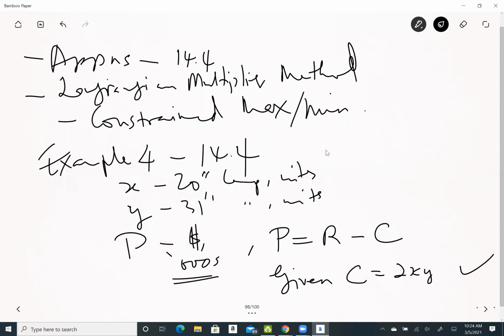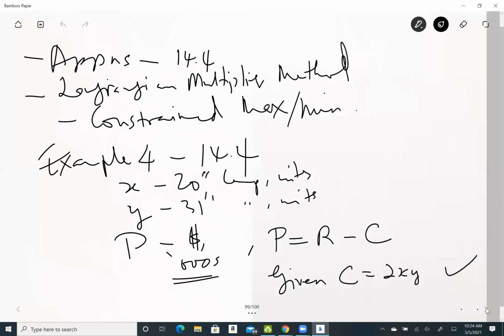And in order to maximize the profit, you have to sell 20 units of the 20-inch lamp and 5 units of the 30-inch lamp.